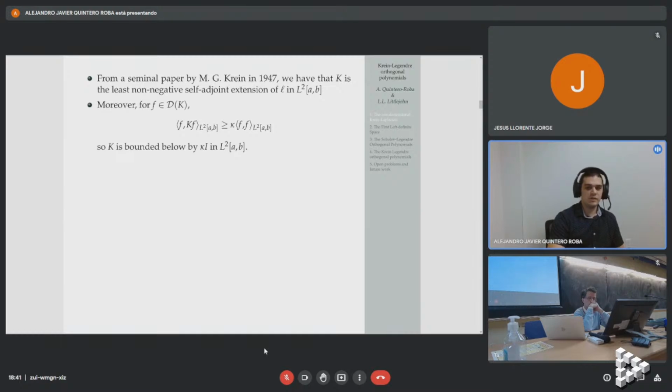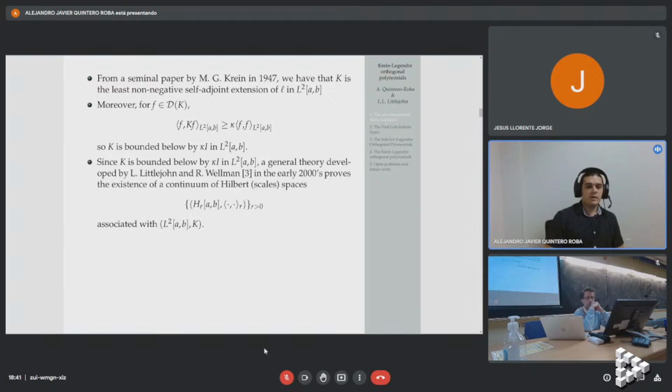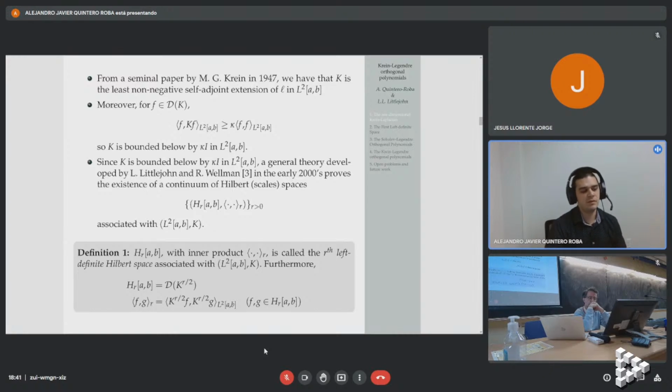Lo que voy a hablar es una consecuencia del operador de Crane, principalmente de esta acotación por debajo del operador K, que se puede encontrar en un artículo de Littlejohn y Wellman a principios de los 2000, donde como consecuencia de esta acotación por debajo se puede definir un continuo de espacios de Hilbert que se van a llamar los espacios de Hilbert definidos por izquierda, R para R mayor que 0.